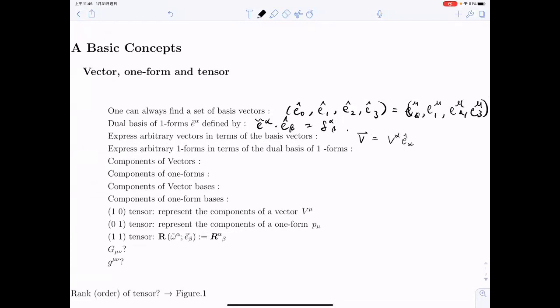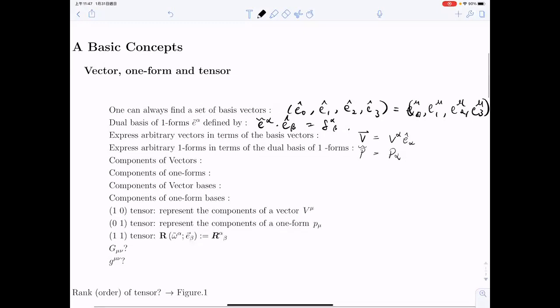How about expressing an arbitrary one-form? If you use the first course about general relativity as your textbook, the notation of a one-form is P tilde, and it would be P tilde equals P alpha e tilde alpha.